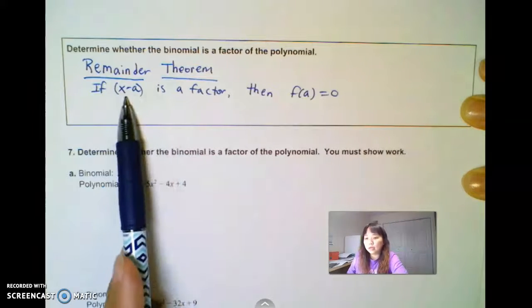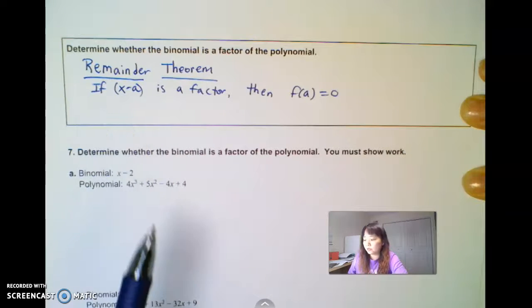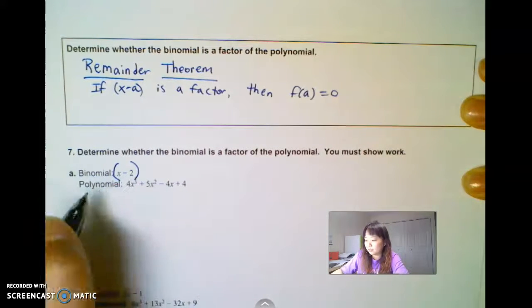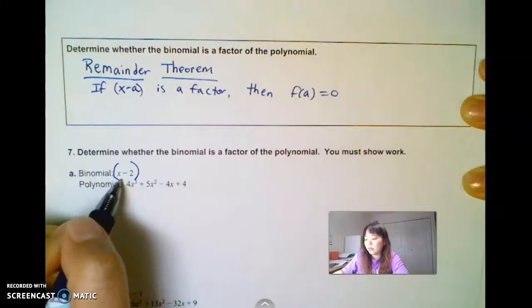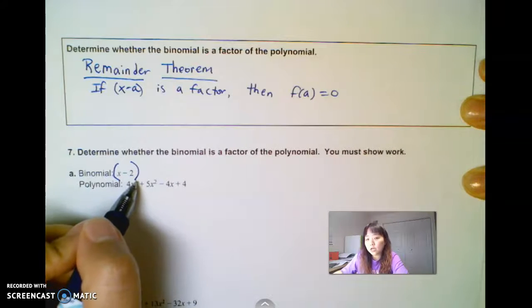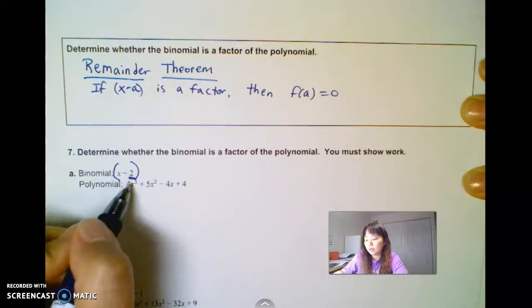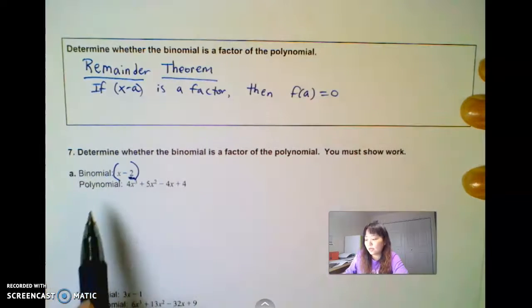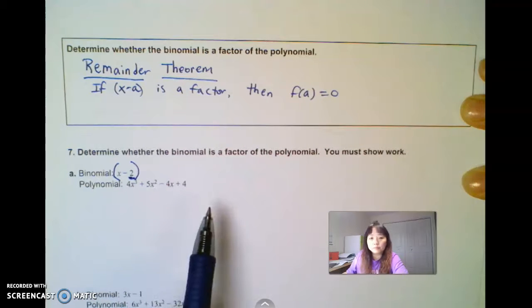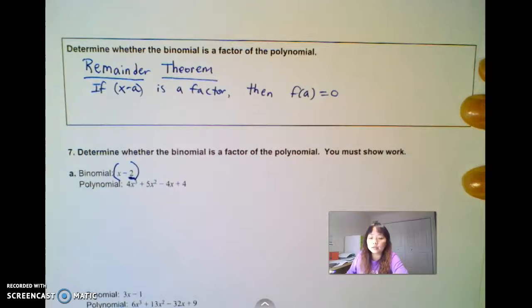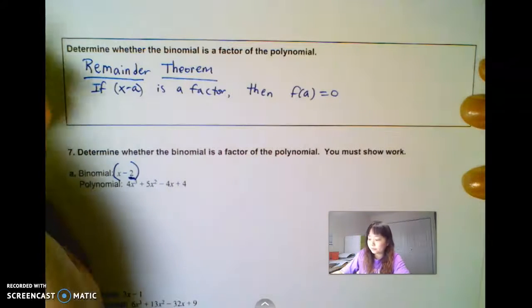That means, let's say for example, look at this example of x minus 2. If x minus 2 is a factor, then if you plug in this number, you should get a 0 for the entire polynomial. So how do you check if there's going to be a remainder or not, or if it's going to be a factor or not?